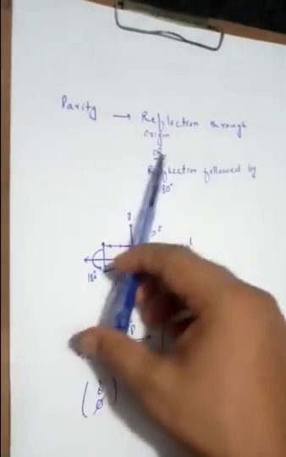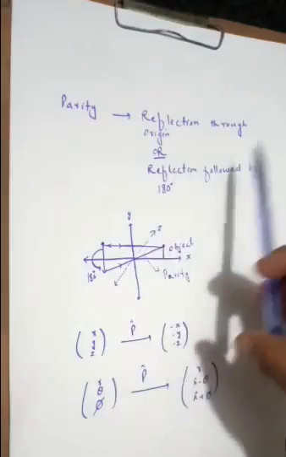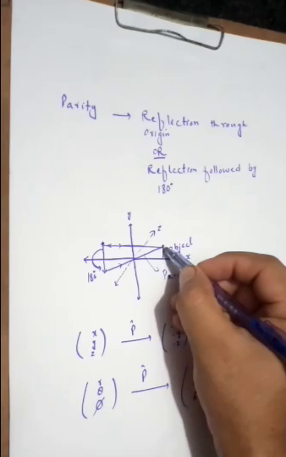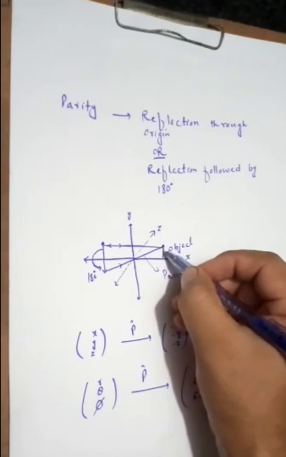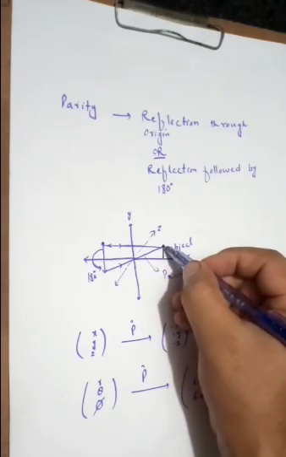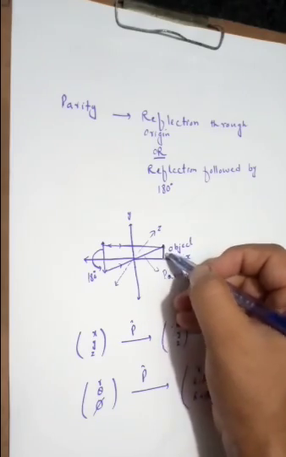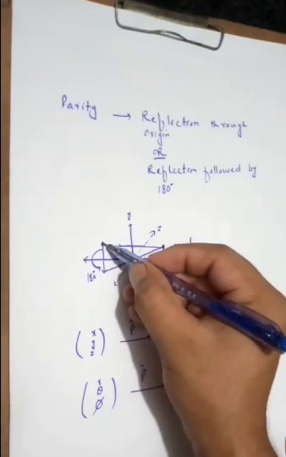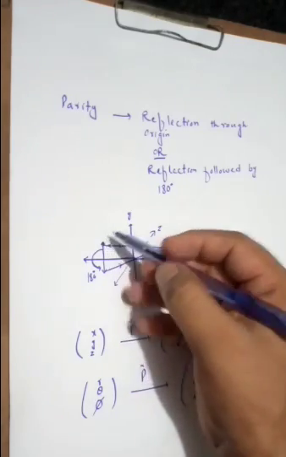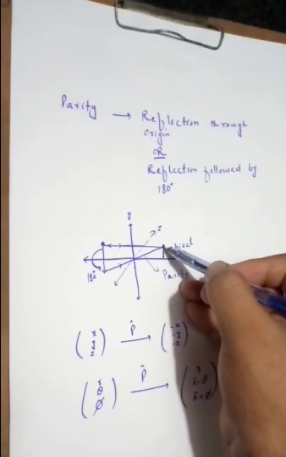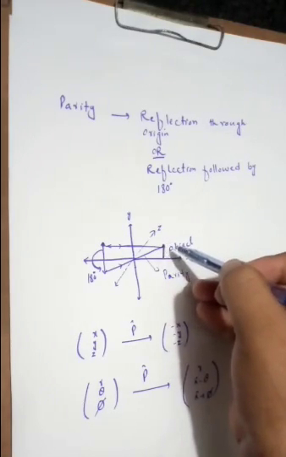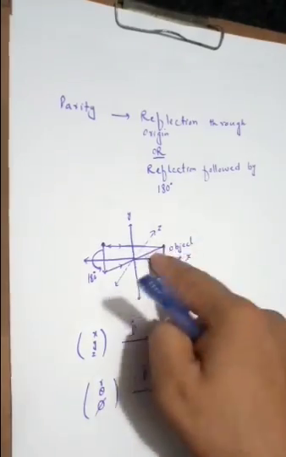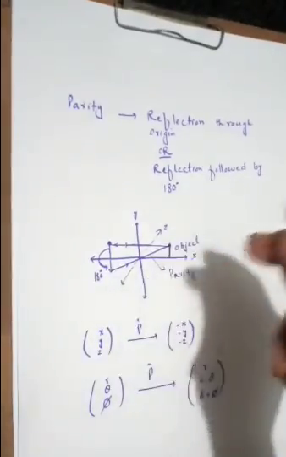Parity is the reflection through origin, or reflection followed by a 180 degree rotation. Consider an arrowhead with some length as an object, and imagine that here is a mirror which reflects this object exactly at the same distance from the origin, which is just a reflection of this object.